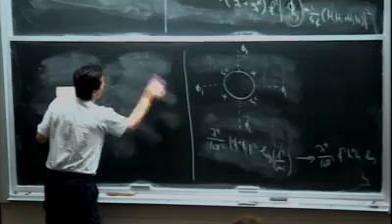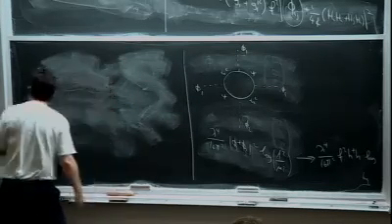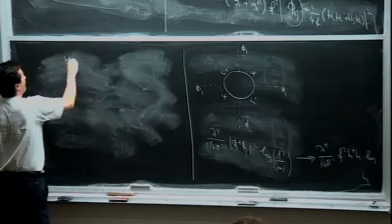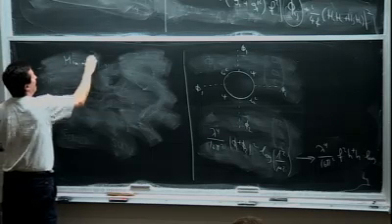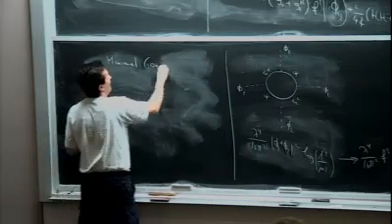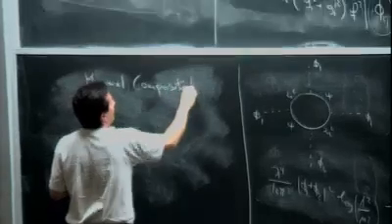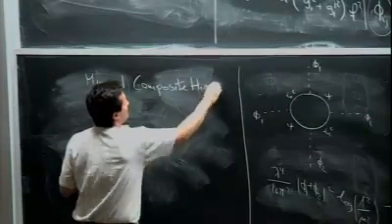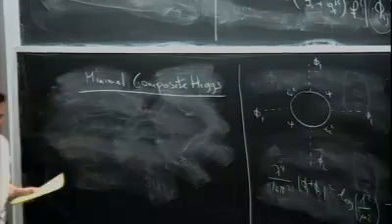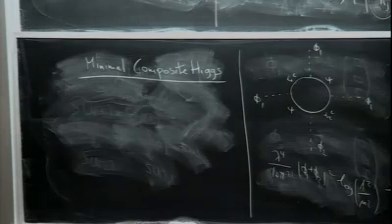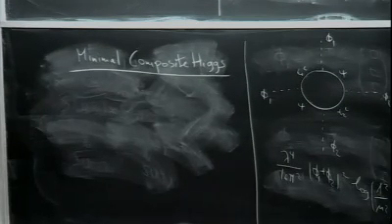So minimal composite Higgs. What is the difference in these models? Because you often hear these little Higgs models, and then other people like to talk about the composite Higgs or minimal composite Higgs.